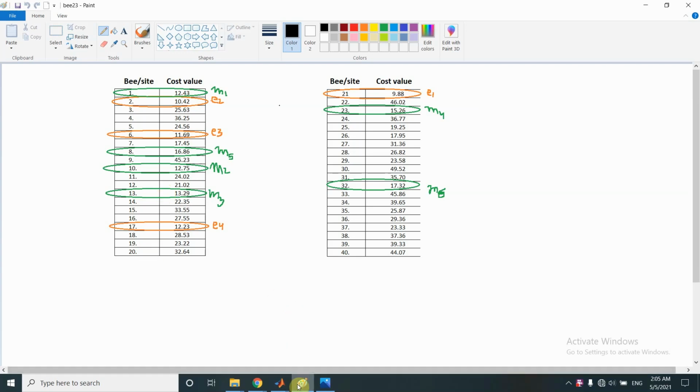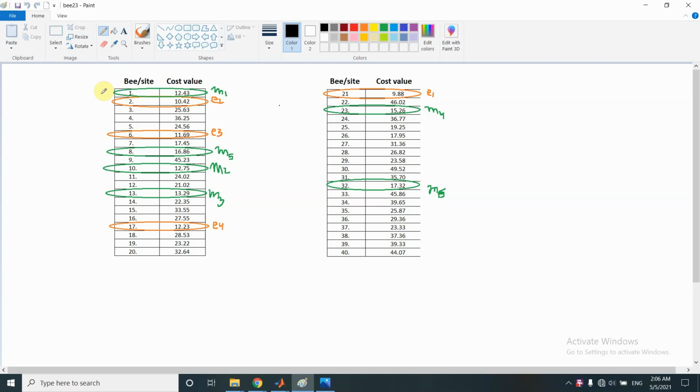Now let us go in further detail of this to see what happens in the next iteration, because at the start of the algorithm we sent the scout bees. They came with the cost values, then we selected the best 10 sites, out of which we selected the best 4 elite sites and the other 6 non-elite sites.